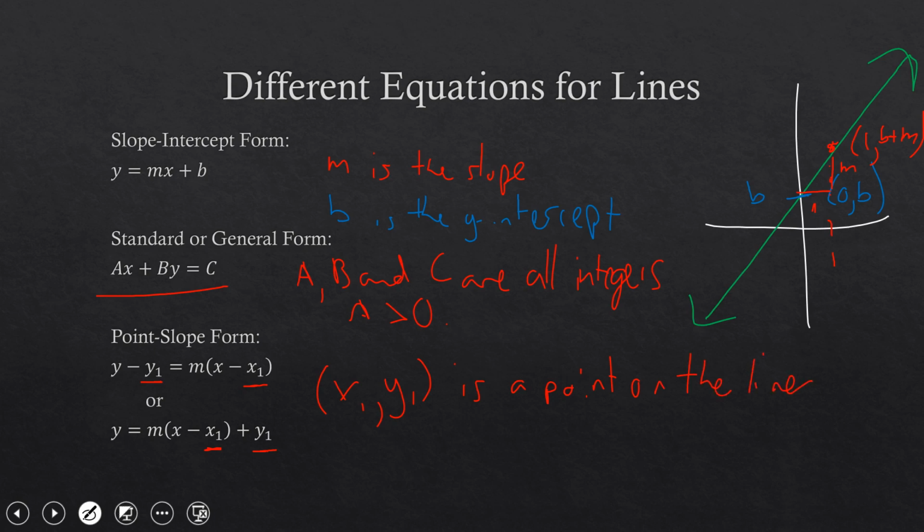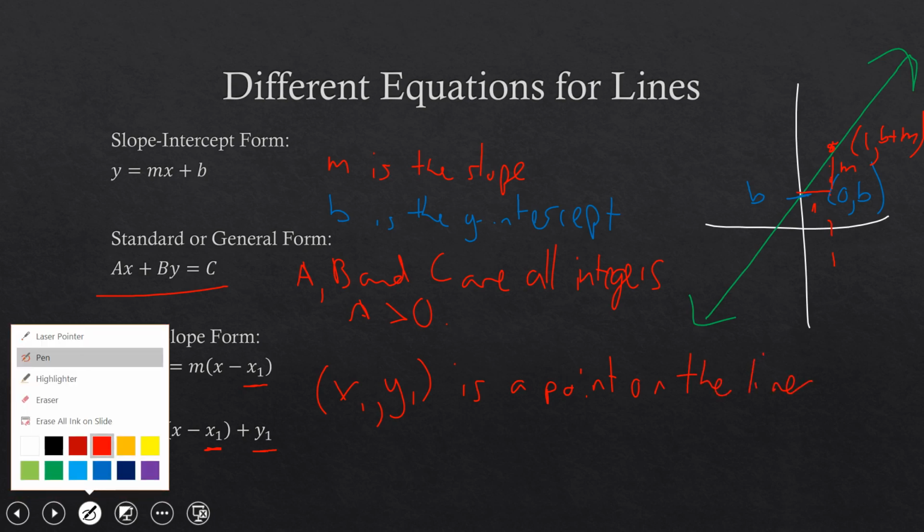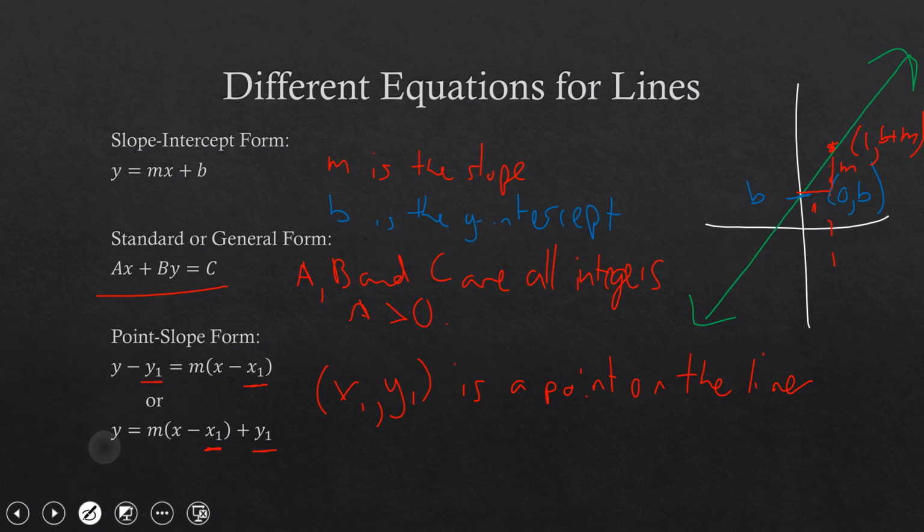It can be any point, and m is the slope, the same m as in the slope-intercept form. This is just a handy equation for coming up with the equation of a line. When you know the point and you know the slope, you just plug those things in and you're good to go.